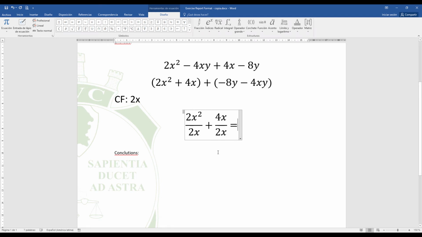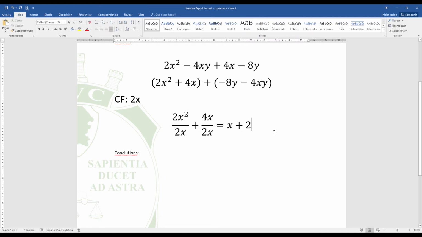Okay, so the result is x plus 2. And remember the result of that factorization is the common factor multiplying the result of the division. Remember this is one part, this is that. And the second group you need to factorize again.